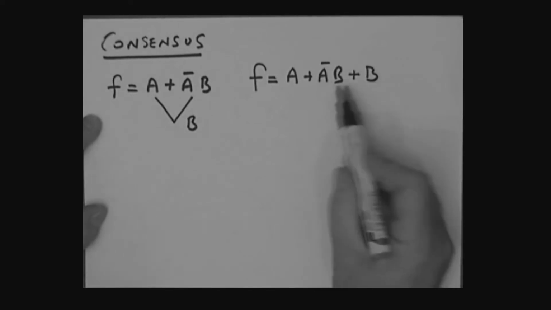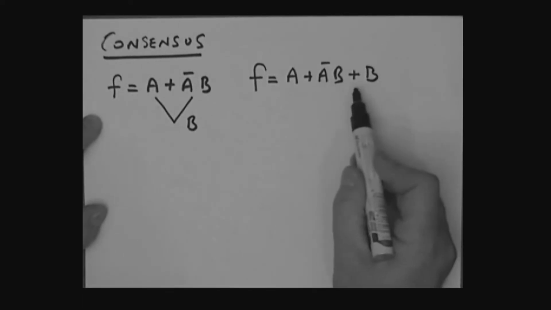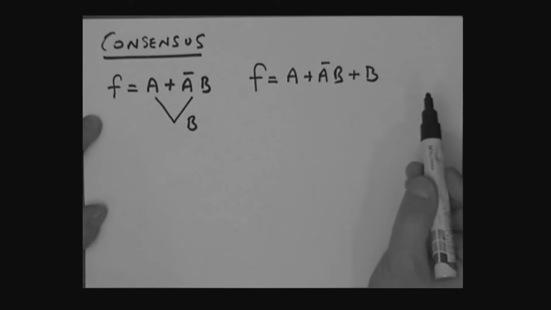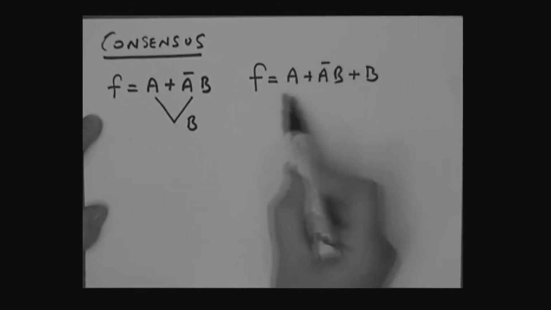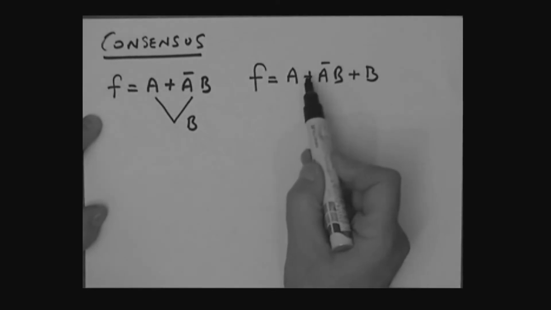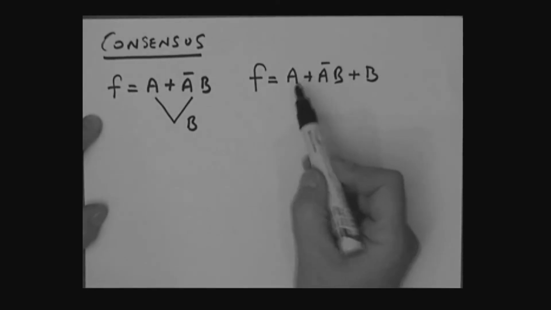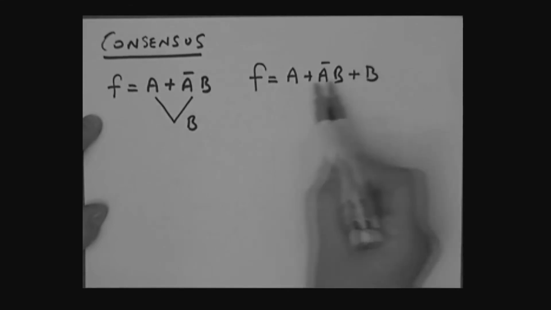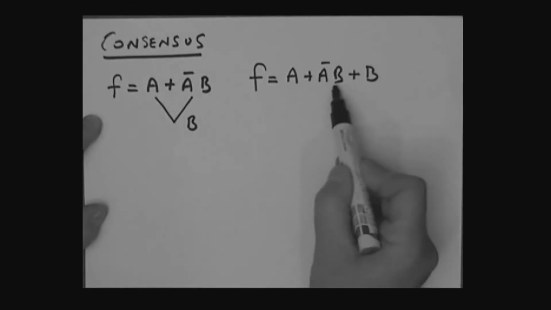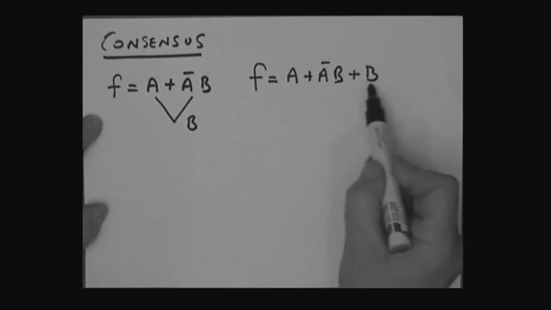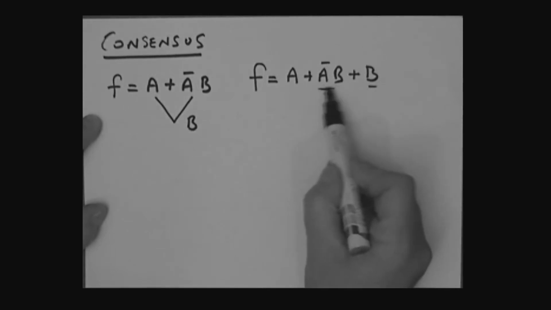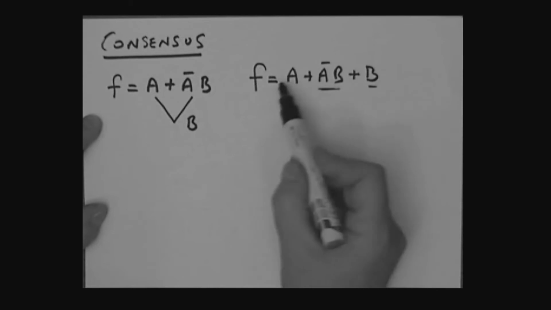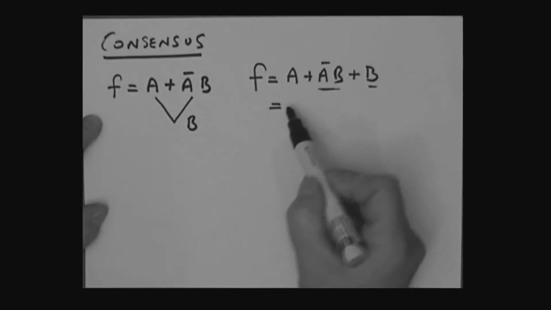Now, the only reason for adding the optional product term is if it's going to help in the minimization process. If it doesn't help reduce the complexity of the original equation, I don't do it. Now, does it help in this case? Here is the optional product term added to the original Boolean equation. Well, look, really B is going to absorb this term here. Let me just expand this out.